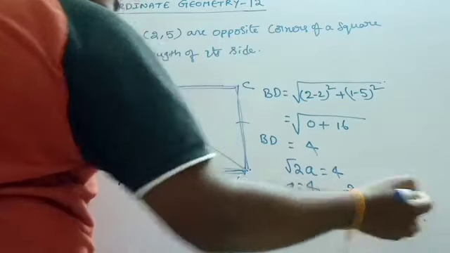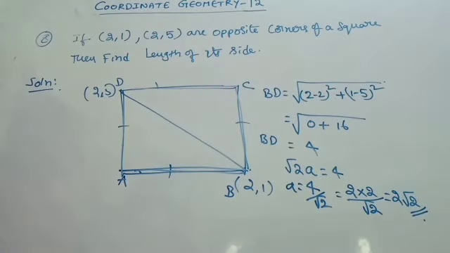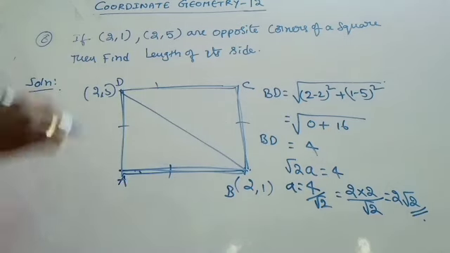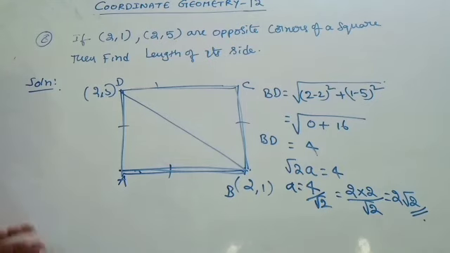So the length of the side of the square is 2 root 2. In this way we got this problem beautifully. Once we got the length of the diagonal, we got the length of the side from it. These are very simple, basic, elegant problems to test your concepts.